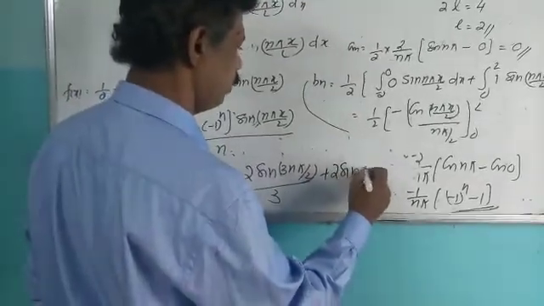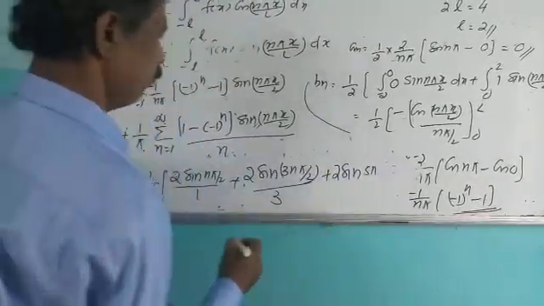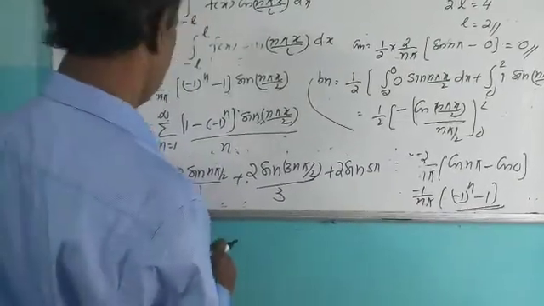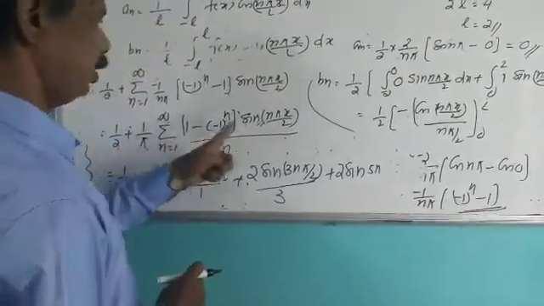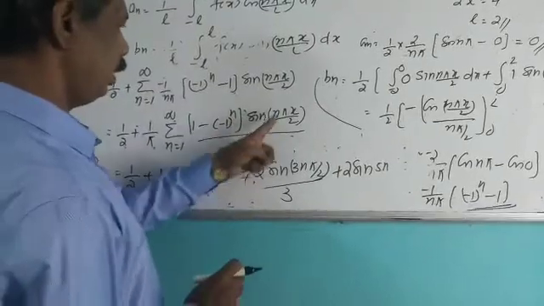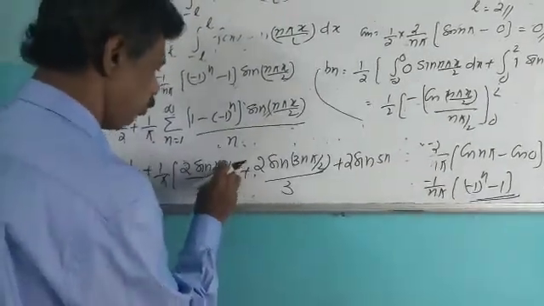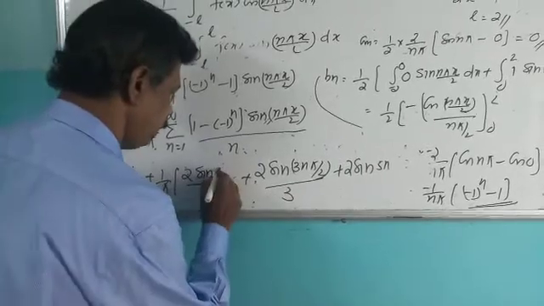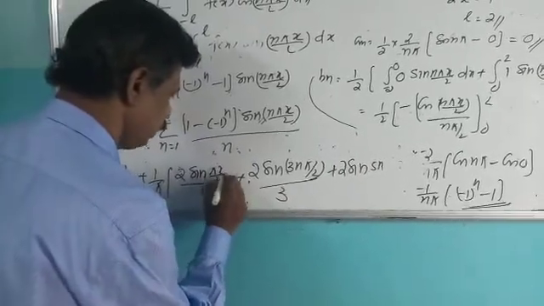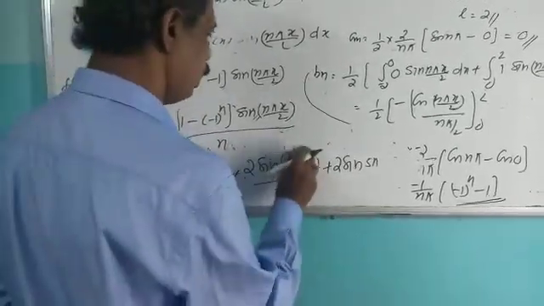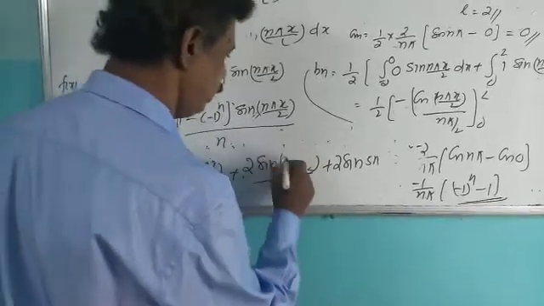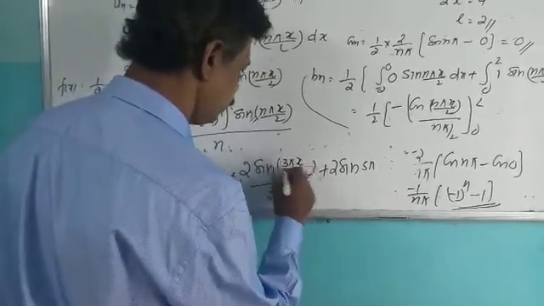When n is equal to 1, 2 sin(πx/2). And when n is equal to 3, sin(3πx/2).